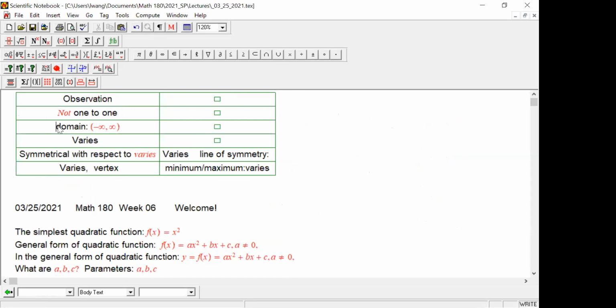Okay, it has domains. It has range. And it's symmetrical with respect to something that varies. And it has a vertex that varies. Okay, the vertex is not always 0, 0. As far as minimum, maximum, it varies. So I'm going to add one more row here.